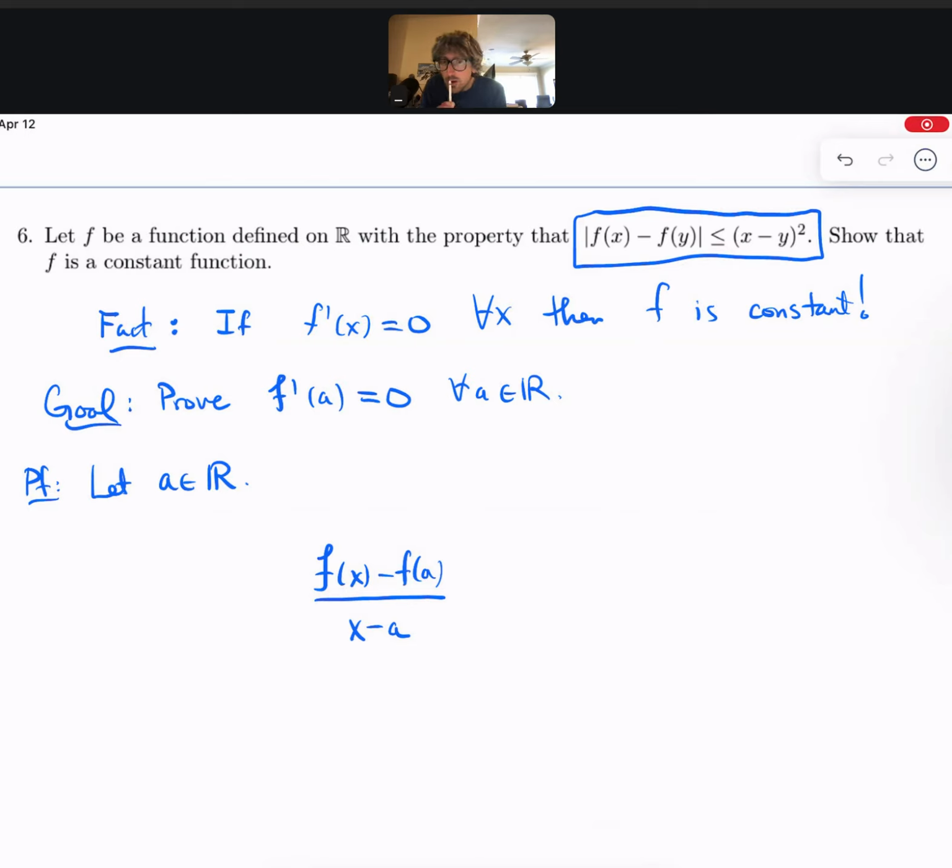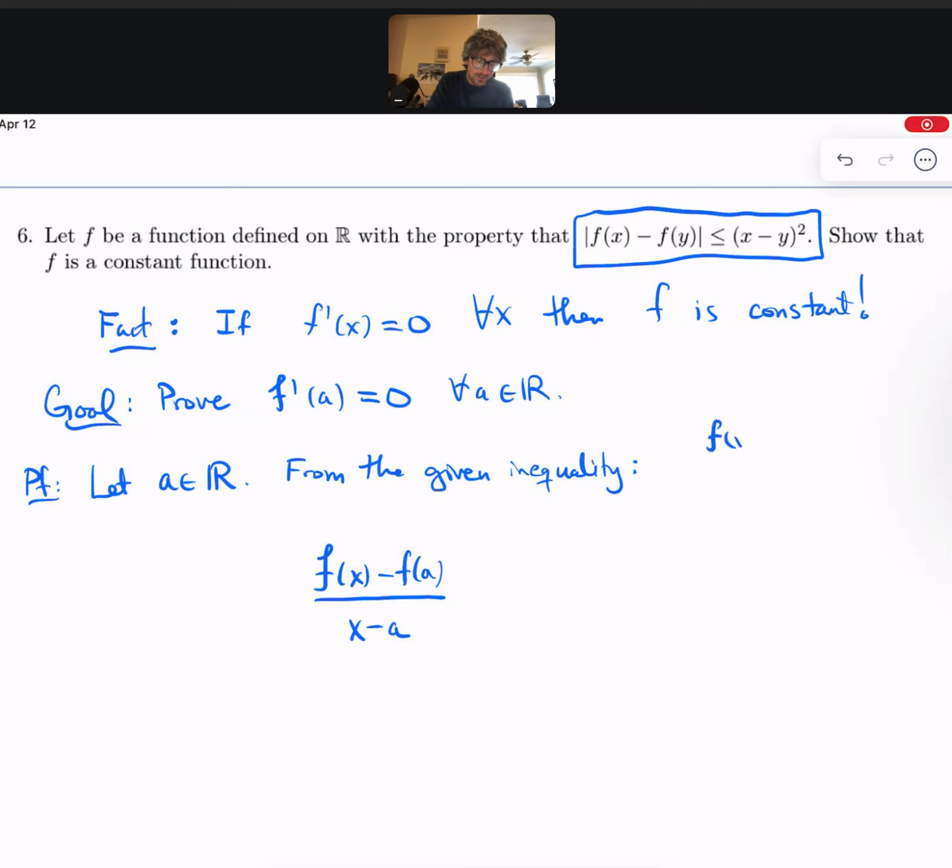So what I'm going to do is take that inequality and rewrite it. From the given inequality, if I divide both sides by x minus y, in fact, let's divide both sides by x minus y squared, I think it's a little bit easier.